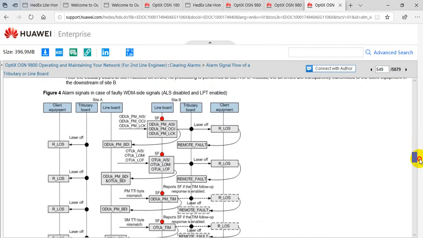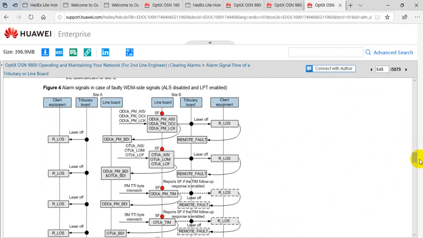Now the scenario which we study is whenever the problem is not between the client and tributary board, or between the site and the client, there is no issue between client and operator, and the operator network is having some issue. So we have seen that in case of LPT enable, these OTN alarms will behave the same way.